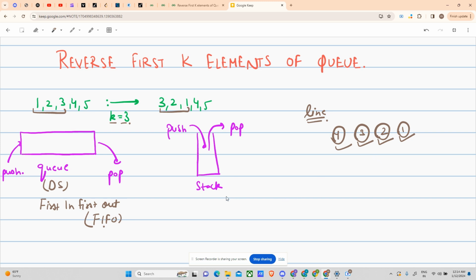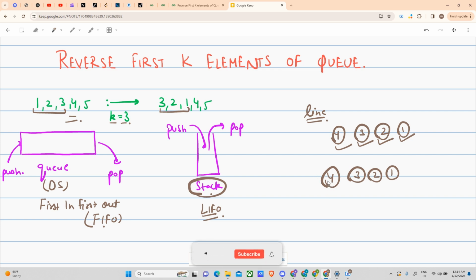Now, for doing this question, I will tell you an approach which uses a stack. A stack is just the opposite of a queue. It implements LIFO. In this example, one came before two, then three, then four. This was the order of input. So when we remove the elements, it will be first four, then three, then two, then one.